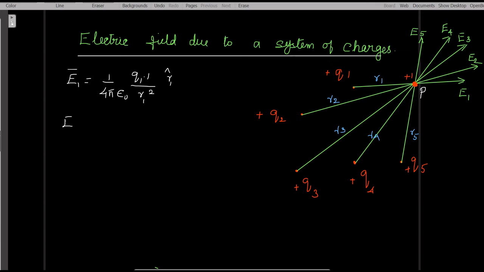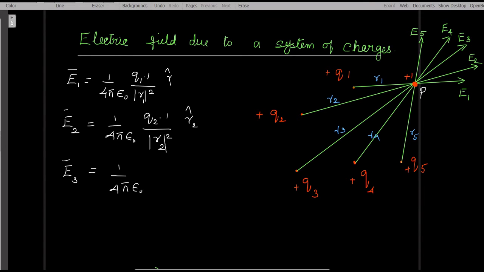Similarly, we can represent E2 as 1 by 4 pi epsilon naught q2 into 1 by r2 square into unit vector r2. These are all the moduli; simply if you write r1, r2, we can write them in modulus. Then what is E3? These are all vectors.